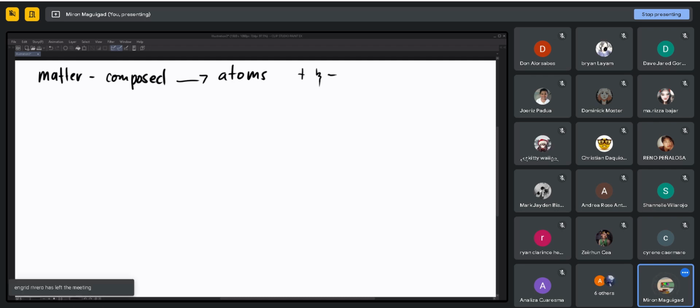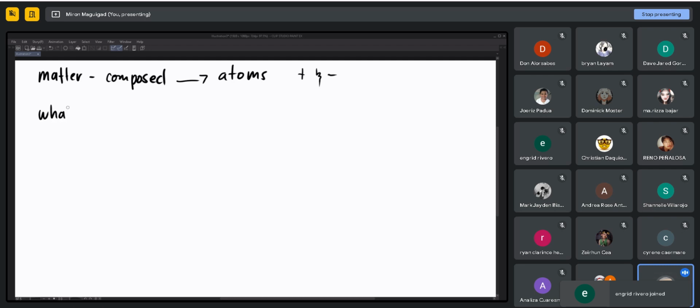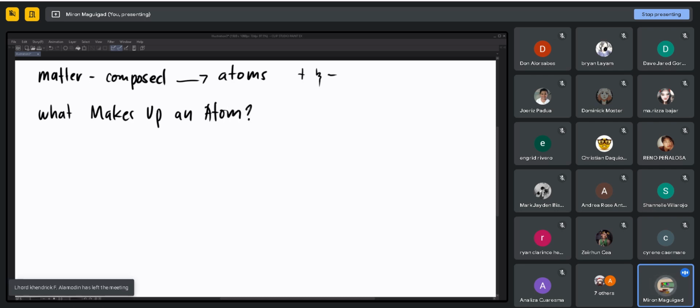Okay. Let's start. Let's have the first question first. What makes up an atom? Have you ever thought of how lightning forms in the sky every time it rains?